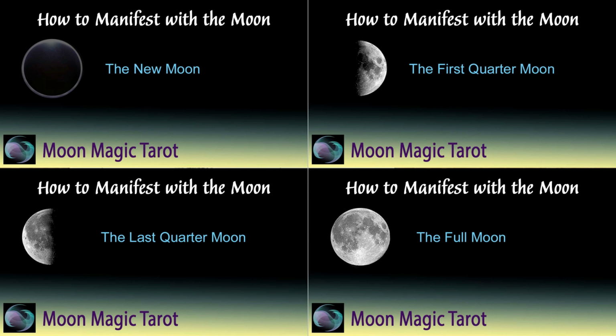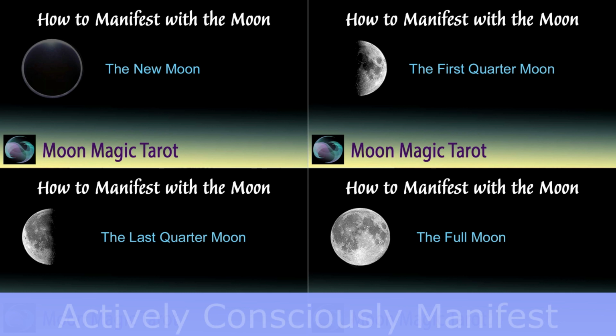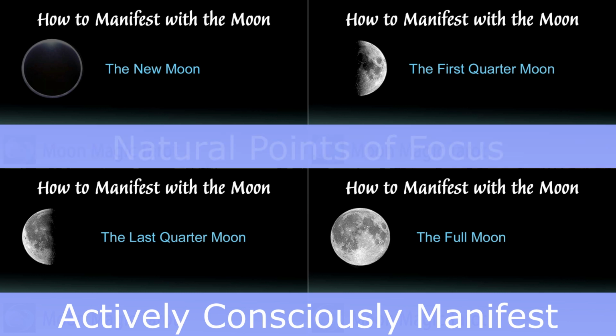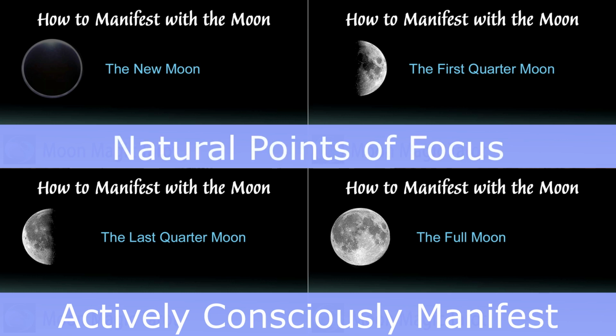And if we are wanting to actively, consciously create, or actively, consciously live and grow from any of our experiences, then having natural focus points where we press the pause button and evaluate in a specific way depending on the moon sign at that moon phase are really helpful moments when we put on the brakes, we evaluate, and we get clear about what we're doing next.